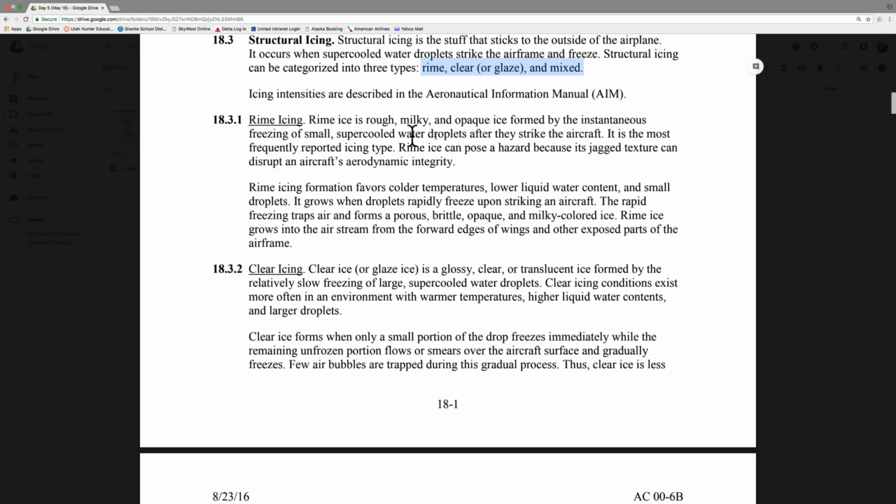The reason why it's hazardous is because of the jagged texture that it forms. It'll trap air, and that's why it is discolored. It looks like ice cubes do after you pull them out of the freezer, there's usually that white in the center. We'll have the clear edges with the white in the center. That's a lot what rime ice looks like.